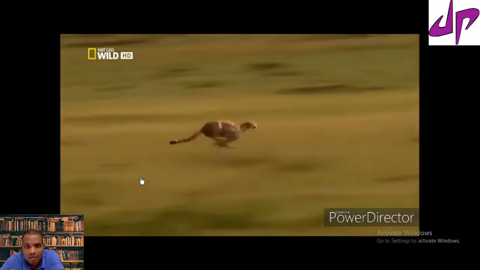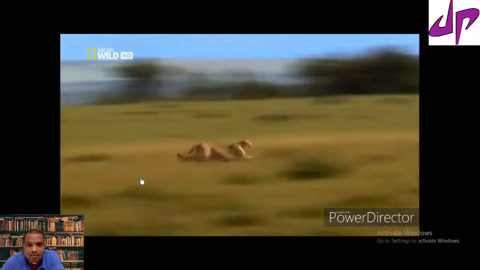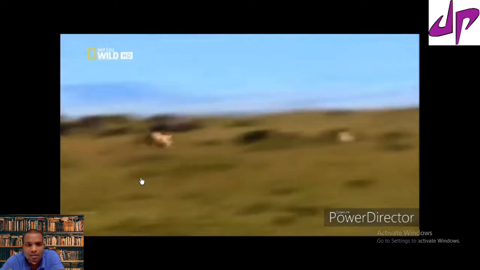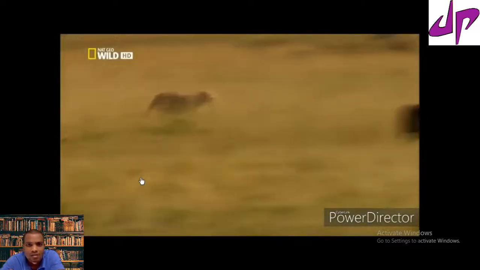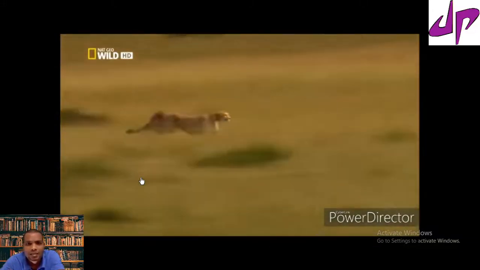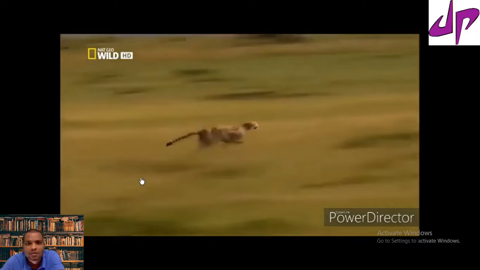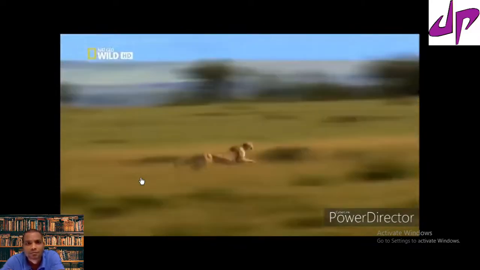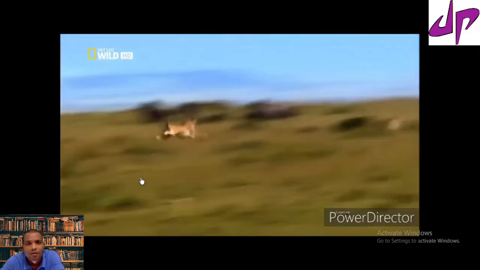Now it has increased again. It's running very fast. Now we say that the cheetah is changing its velocity with respect to time. So the change in velocity with respect to time is known as acceleration.